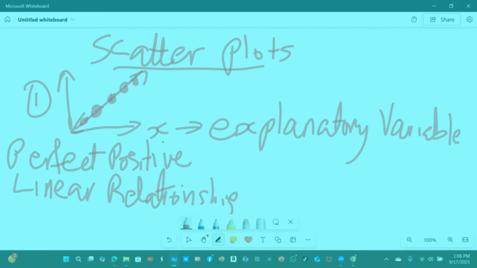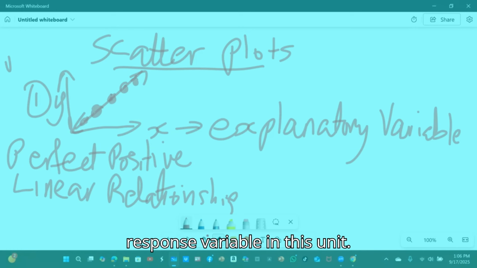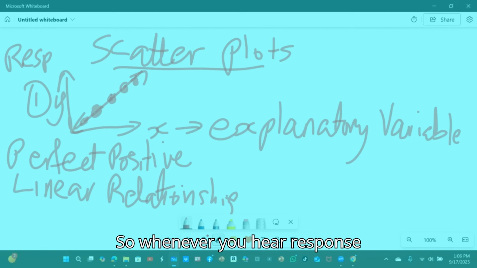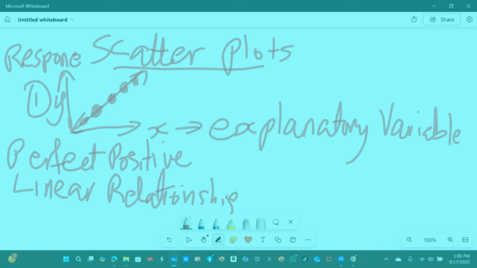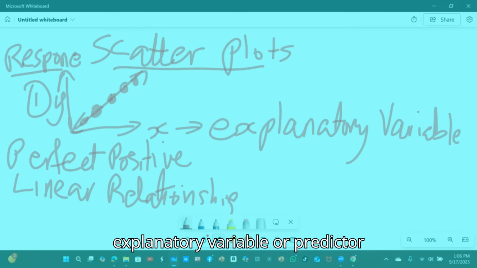The other variable is the dependent variable, which is y, and y is the response variable. So we shall call y the response variable in this unit. Whenever you hear response variable, it is y. When you hear explanatory variable or predictor variable, it is x.